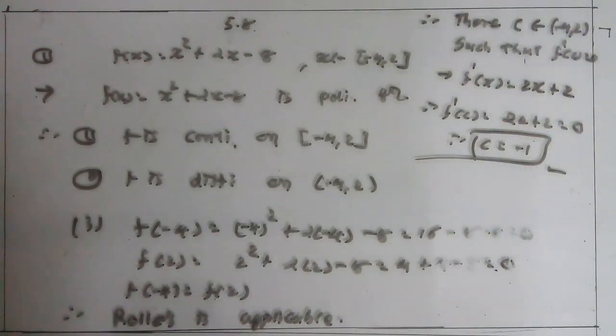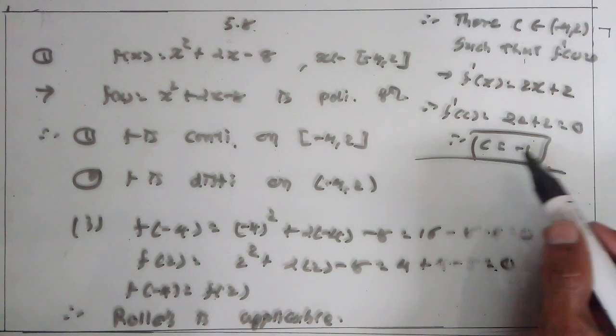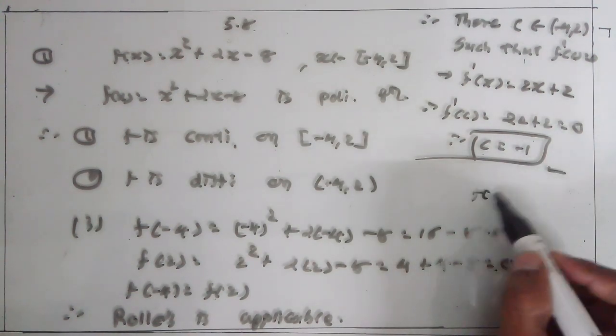Clear? In the same question, if a function is given, then find a point on the curve where the tangent is horizontal, or the tangent is parallel to the x-axis. In this case, first we find c = -1 and f(c).